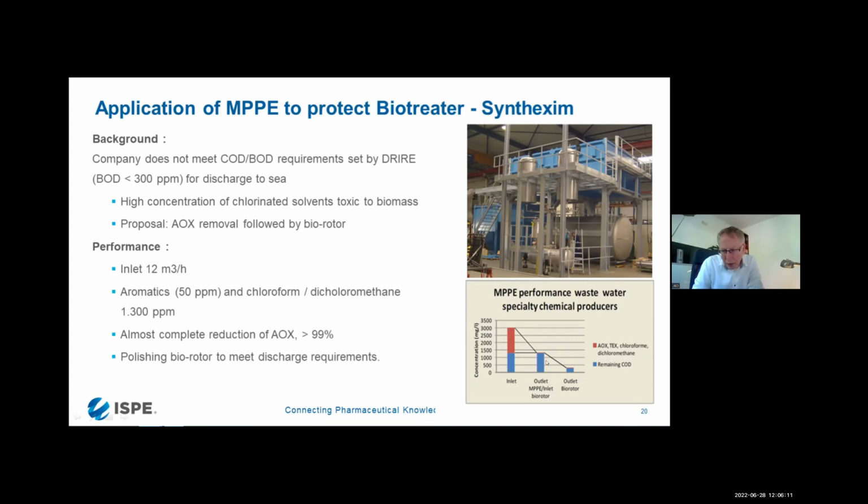Then after the biotreater, the rest of the BOD, coming from roughly 1500 ppm down to 300 ppm, is done in a traditional biological treatment. So these are 2 examples whereby MPPE was used to treat certain wastewaters.